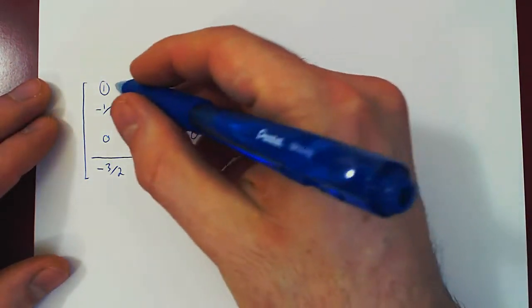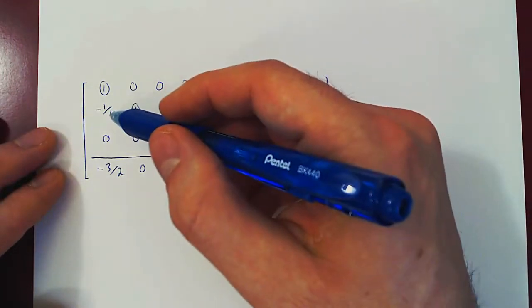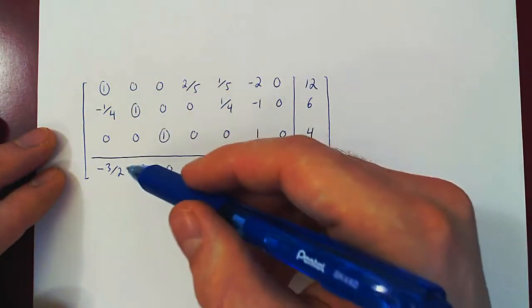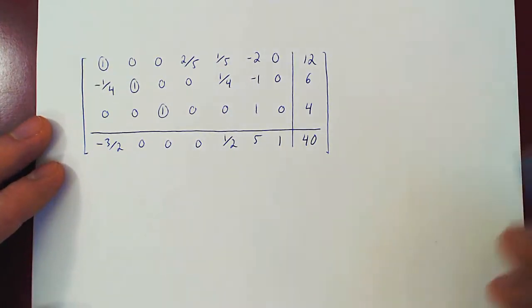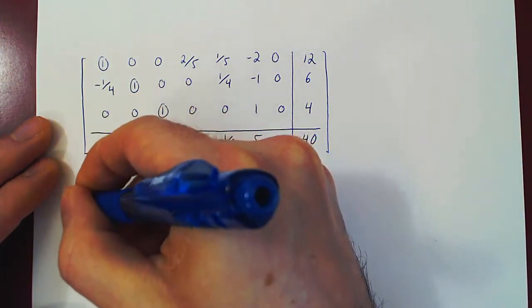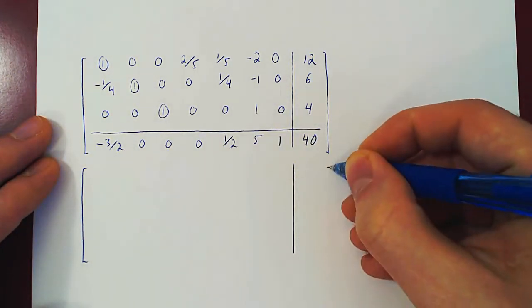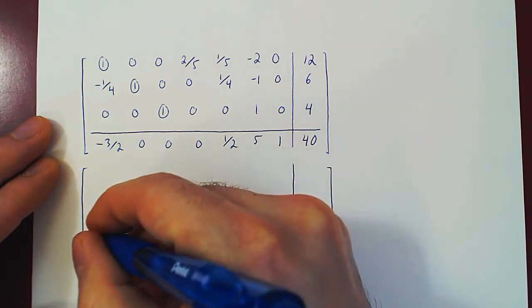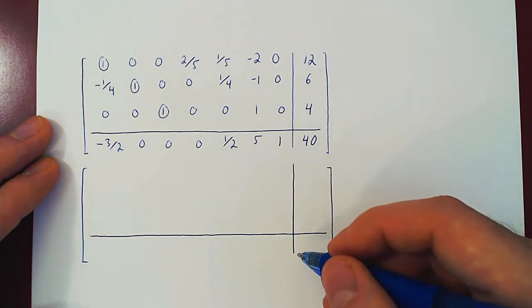Now that we have our third pivoting 1, we want to kill the entries below. So we will do row 2 plus 1/4 row 1, and row 4 plus 3/2 row 1. Let us first recopy the rows that we're not changing.